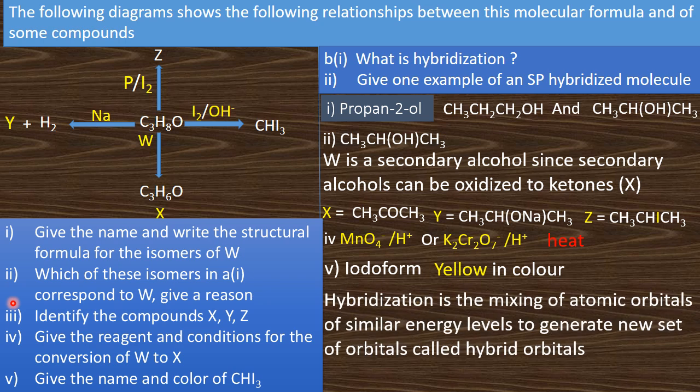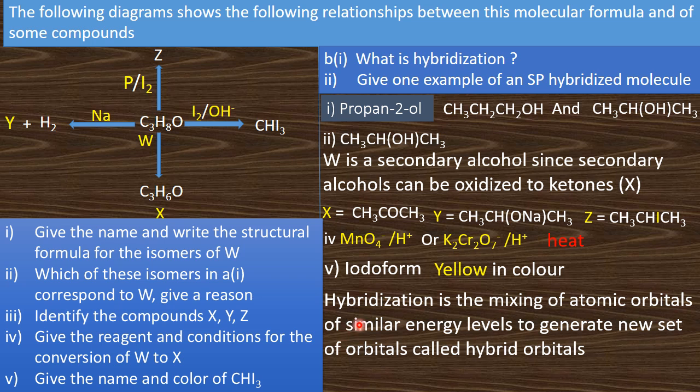Then, friends, the next part wants us to define what is meant by hybridization, and in the second part give an example of an sp hybridized molecule. As you can see here on my screen, hybridization is simply the mixing of atomic orbitals of similar energy levels to generate new sets of orbitals called hybrid orbitals. Friends, I love this question.